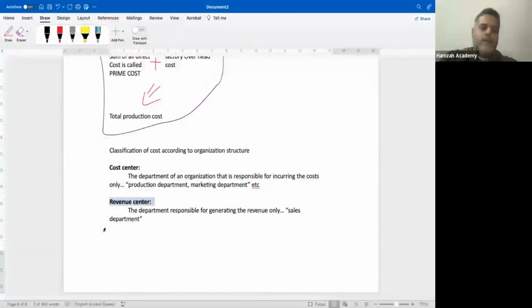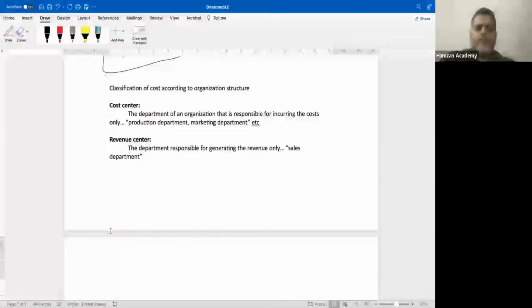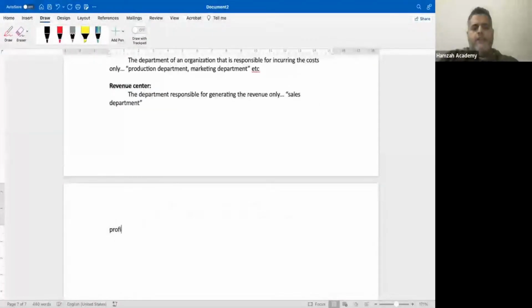Revenue department is ultimately responsible for generating the revenue only. That is what we have. Then we have profit center. Any branch of business working independently, that is called as a profit center. Then we have investment center.